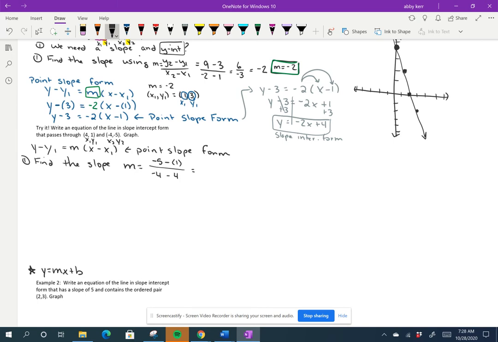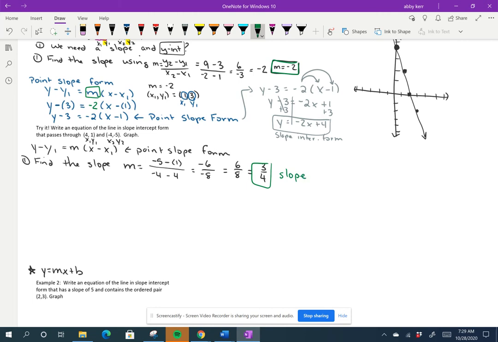So negative 5 minus 1 is negative 6 over negative 8. We can simplify that. Negative over negative is positive, so 6 over 8. And we can divide 2 out evenly on the top and the bottom. So then we get 3 over 4. So that is going to be our m. That's our slope.